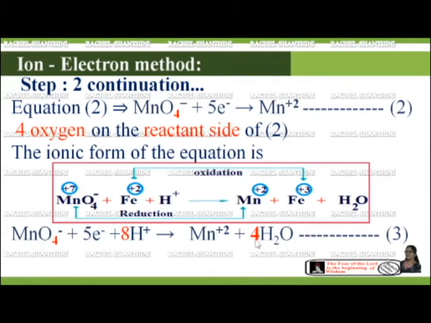Coming to hydrogen atoms, we have 8 hydrogen atoms on the right hand side. So to balance the number of hydrogen atoms, we write the coefficient 8 in front of the H⁺ ion. Now we get the balanced equation MnO4⁻ plus 5 electrons plus 8 H⁺ gives Mn²⁺ plus 4 water molecules, and this reaction can be represented as equation 3.